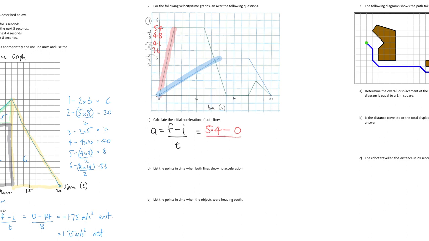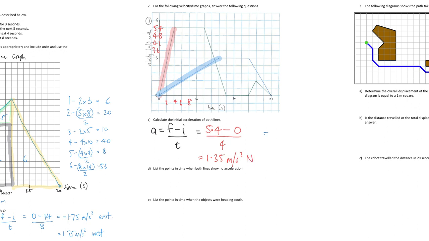And then the time that it takes was, these are each 2 seconds, each box is 2 seconds. So therefore, it took 4 seconds to do so, right? And so that red one is 5.4 divided by 4, and that's 1.35 meters per second squared, right? But I've got to look at the direction, so I've got to say it's north.